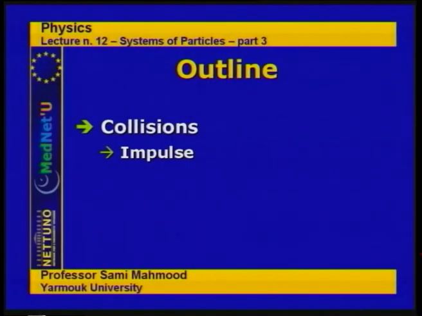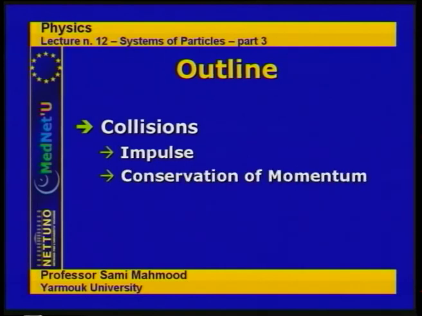And in this regard, we will consider the concept of impulse that takes place during the interaction of two or more objects with each other. We will derive the conservation of momentum from the definition of impulse and the consideration of Newton's laws of motion.